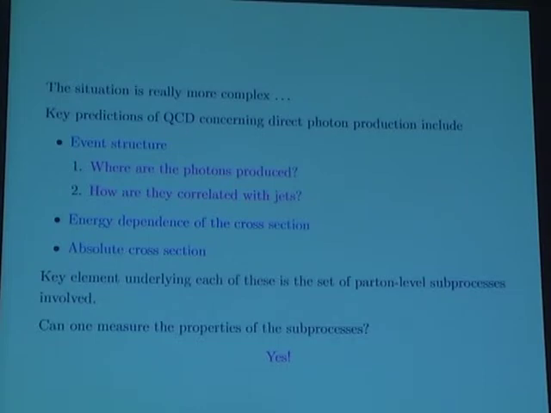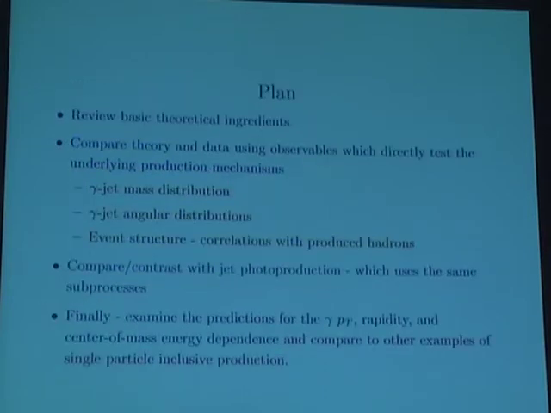All of these go beyond just the measurement of the pT distribution. Now, for each of these questions, in order to answer it, you have to take a look at the parton level subprocesses that are involved. One ideally would like to actually learn about the hard scattering itself, and we can do that. I'm going to show you some ways to do that.